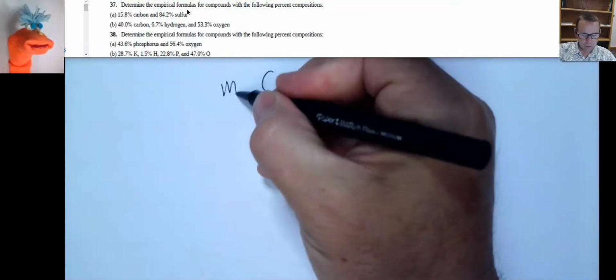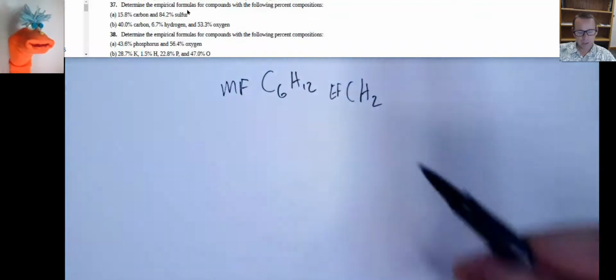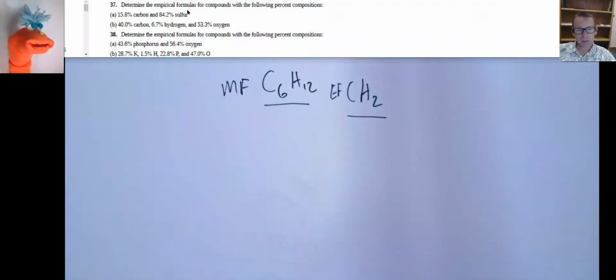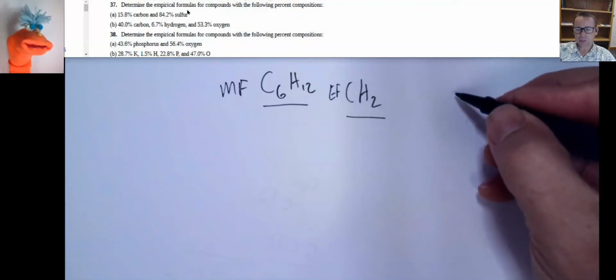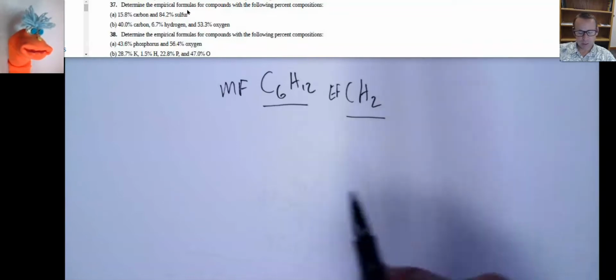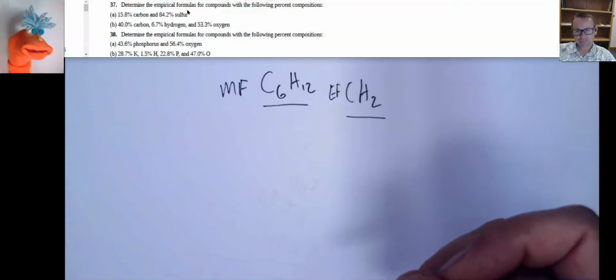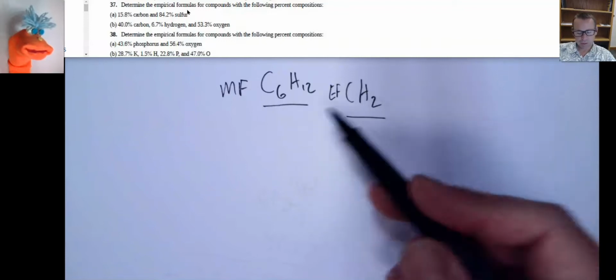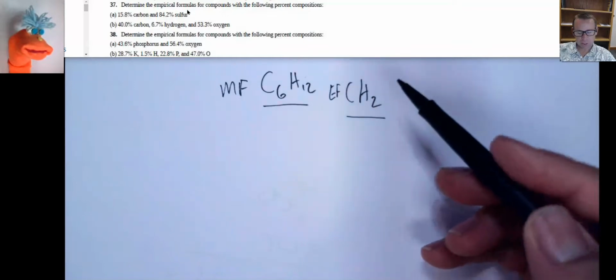So what we call this is the molecular formula, and this is the empirical formula. Okay, so it's the simplest whole number ratio. All right, ionic compounds should always be in the simplest whole number ratio, but molecular compounds can exist in different ratios.